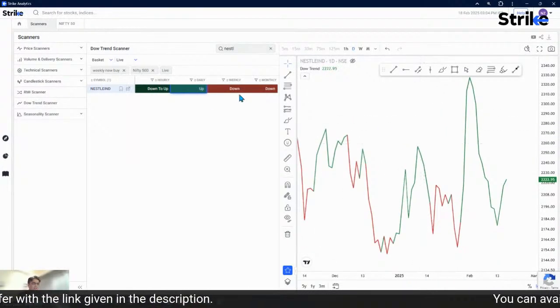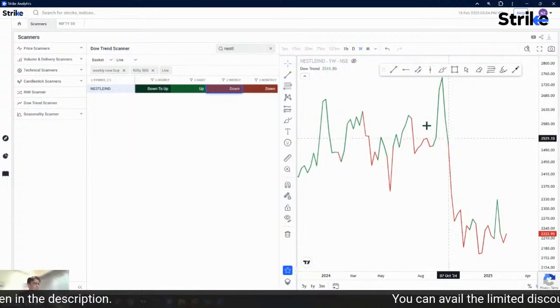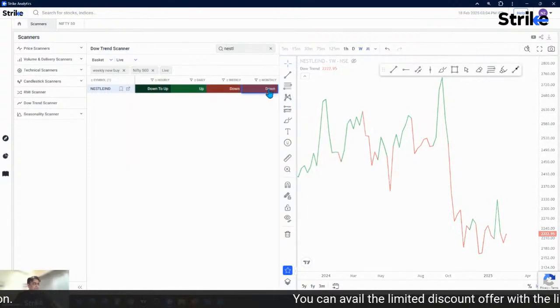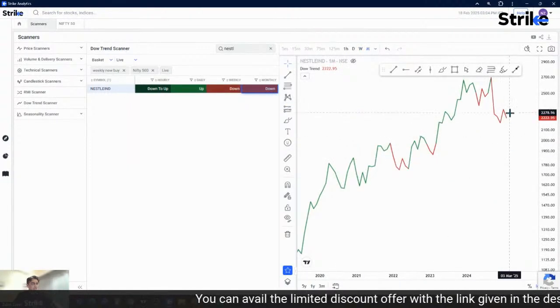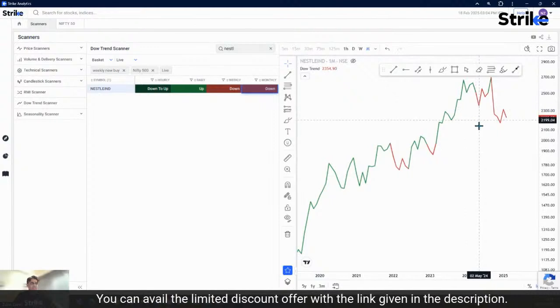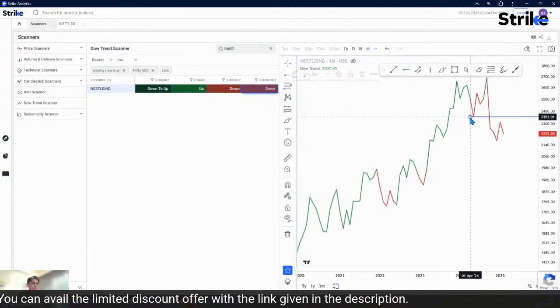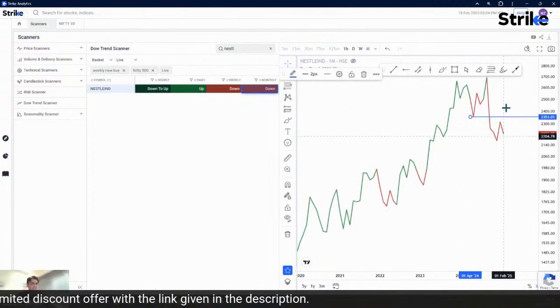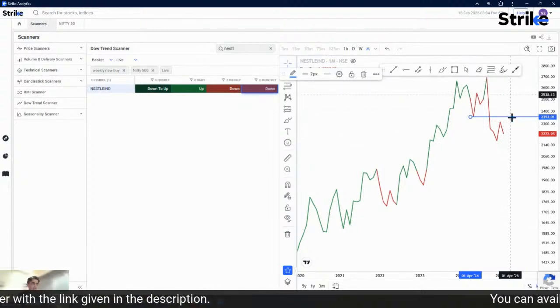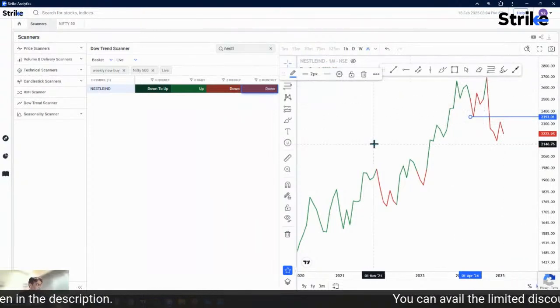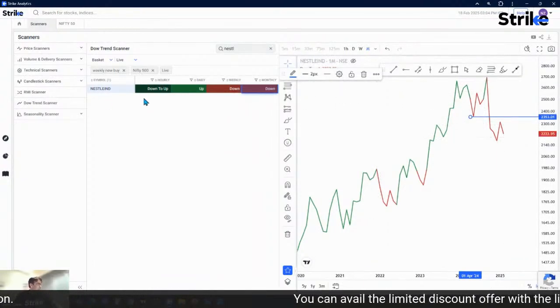On the weekly it is in a downtrend, and on the monthly also it is still in a downtrend. So this particular major bottom has been breached, and Nestle prices are unable to cross above this. Now what if we see Nestle on the RMI scanner?